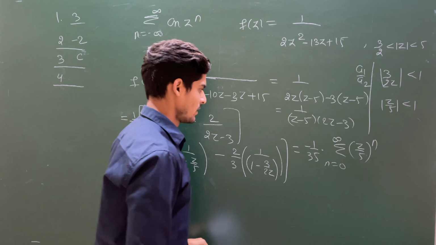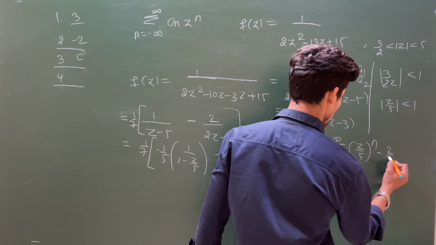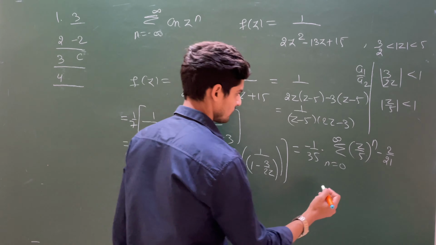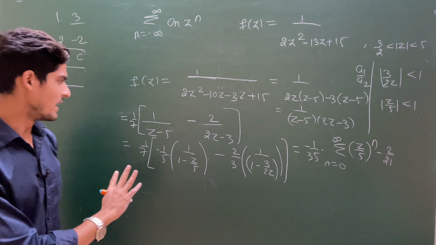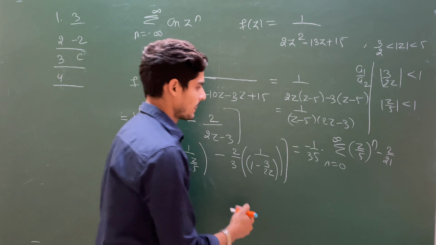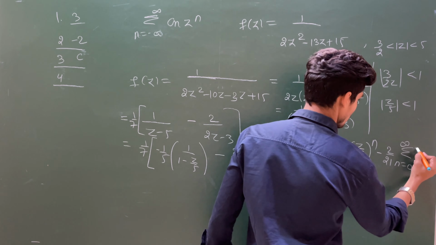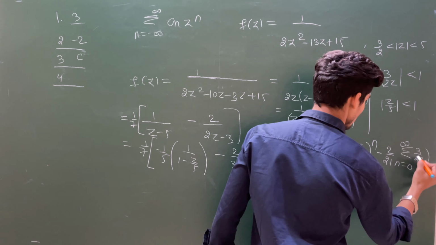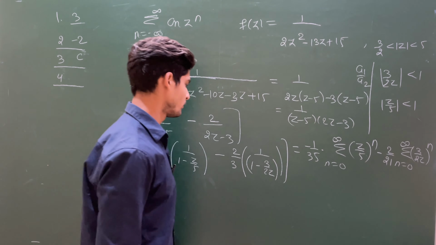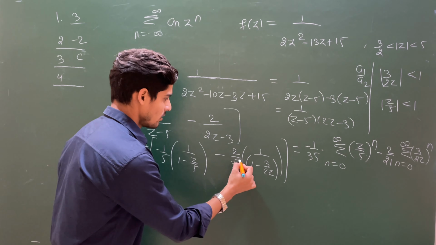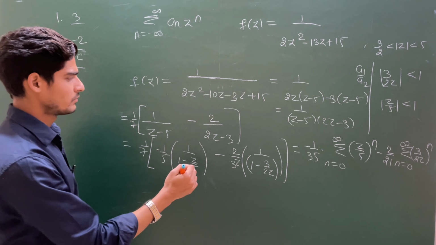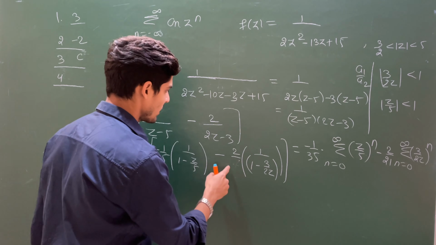Now minus 2 upon 21, summation n running from 0 to infinity, 3 upon 2z power n. I hope I am not committing any sign mistake here. No, here I have committed a mistake.